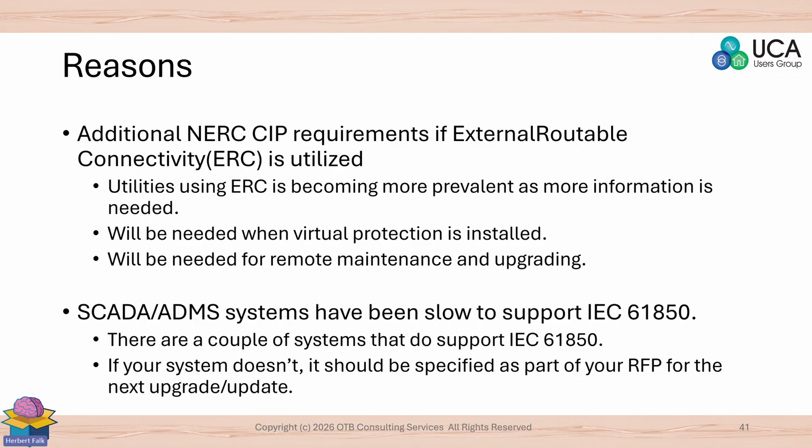And if you want to not have to roll a truck for maintenance and upgrades, you're going to need external routability anyway. SCADA ADMS systems have been slow to support 61850, at least in America, because we're DNP centric or Modbus centric. There are a couple of systems that do support it.